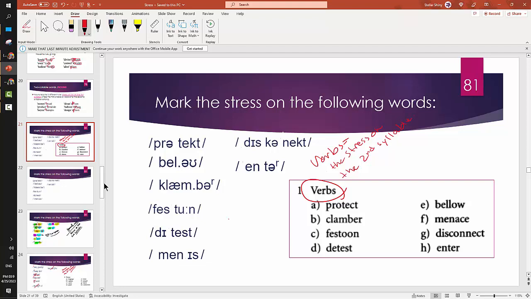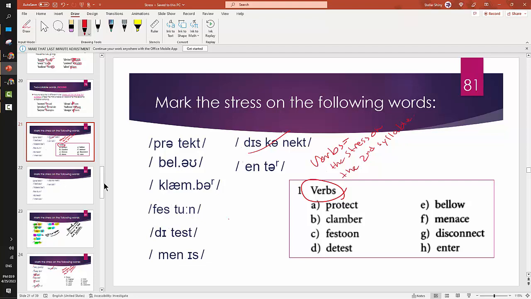Okay, great. We have protect, below, clamber, festoon, detest, menace, disconnect, enter. We will omit disconnect because it's not a two-syllable word.